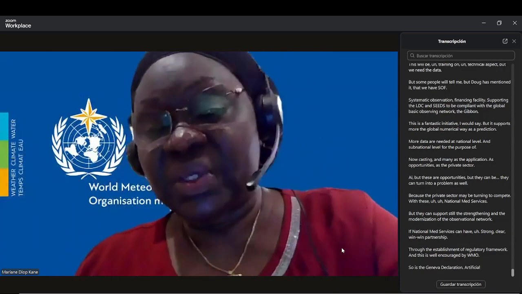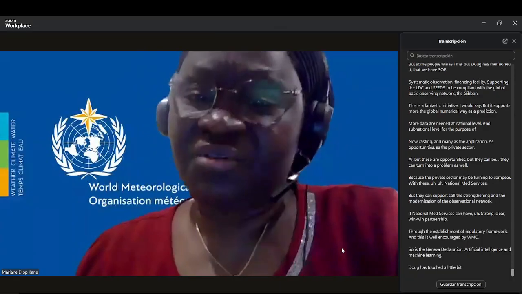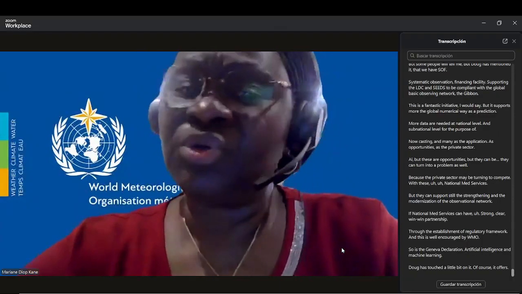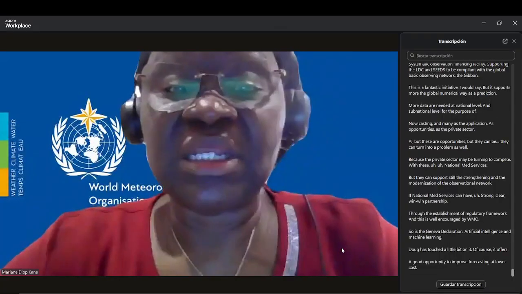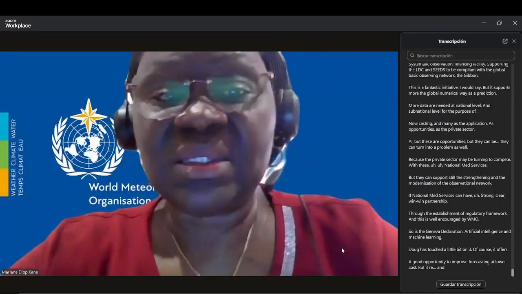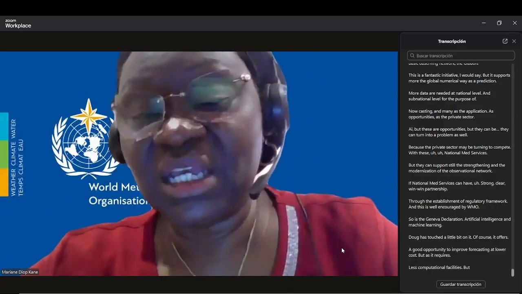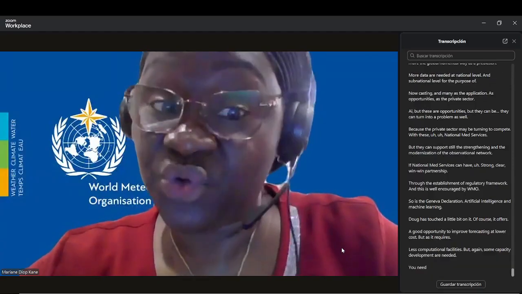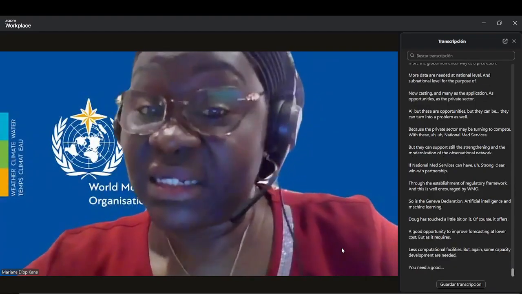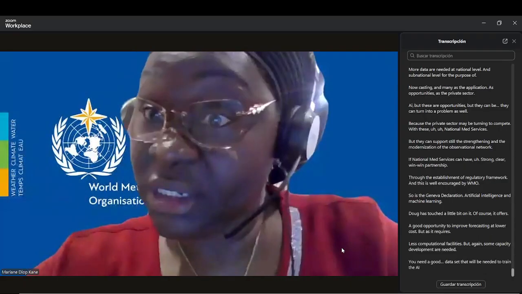Artificial intelligence and machine learning, Doug has touched a little bit on it. Of course, it offers a good opportunity to improve forecasting at lower cost, as it requires fewer computational facilities. But again, some capacity development is needed. You need a good data set to train the AI models.